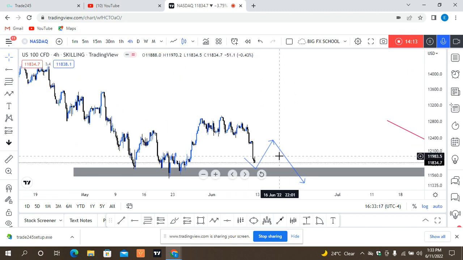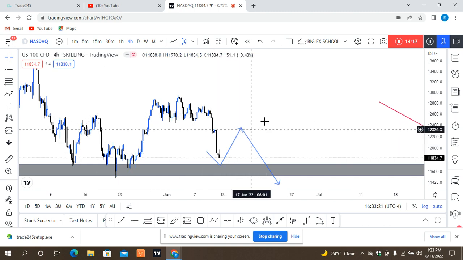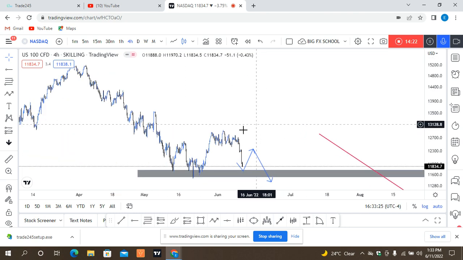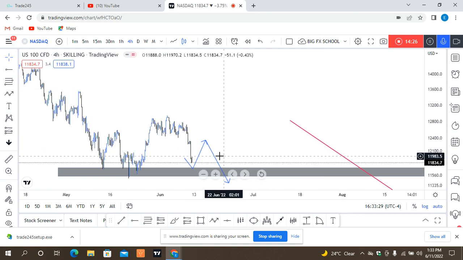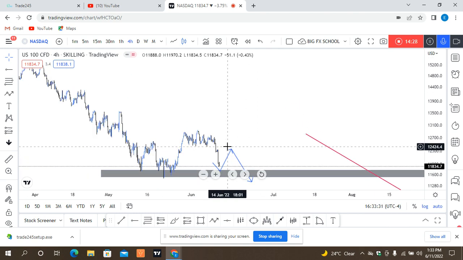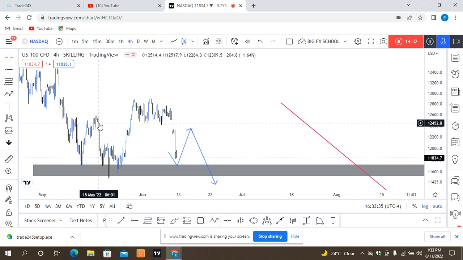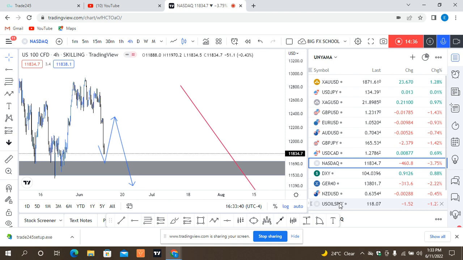There is no swing trading. That is a buy. Okay, we cannot swing a buy setup because we are in a downtrend. I think I'm clear and you understand what I'm talking about.